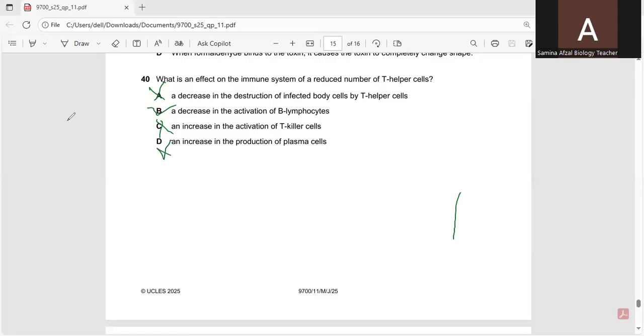So this is again not a correct option. And here, the first statement: T helper cells do not directly destroy infected body cells. Their function is to assist in activating the T killer cells. So only B is the correct option. All other statements are not correct.